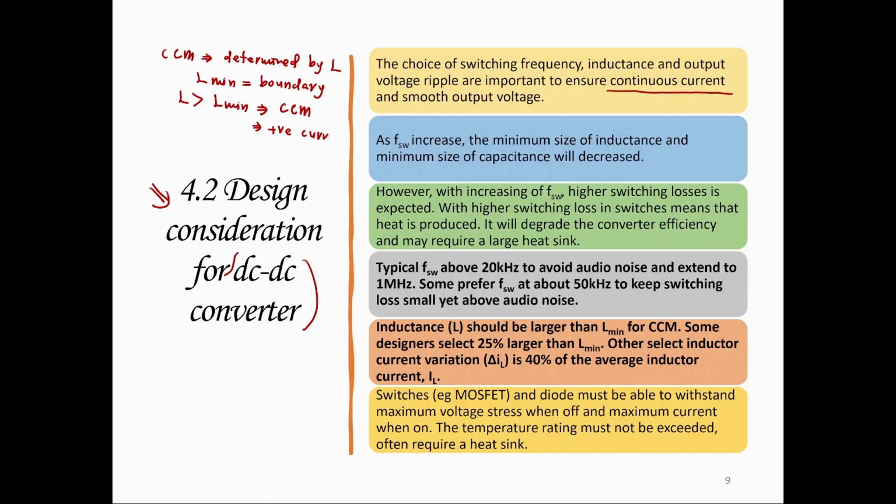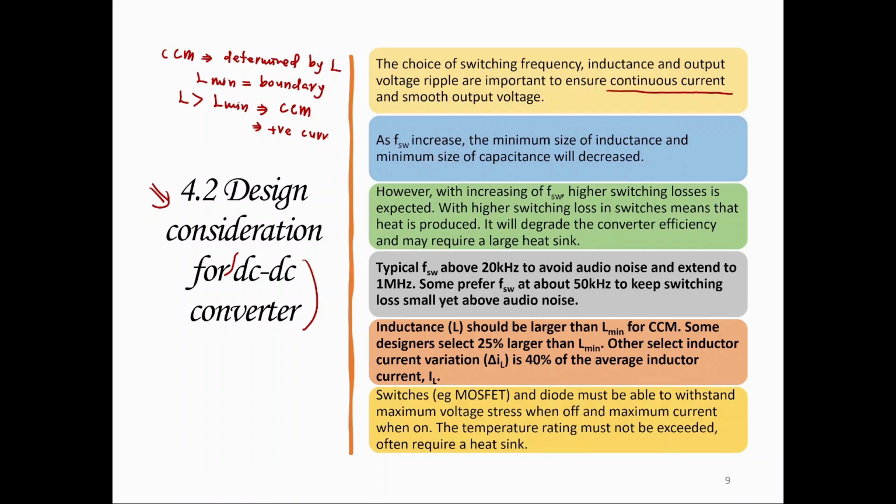To find the inductor as well as your capacitor, you will need to use the information of your switching frequency. And for smooth output voltage, this one over here will be determined by the value of your capacitor, and this one here will be determined by the inductor.